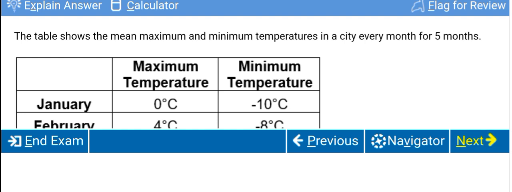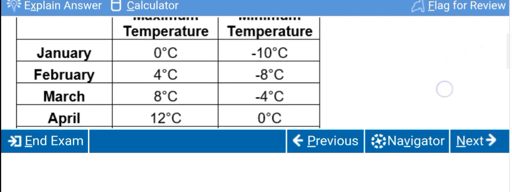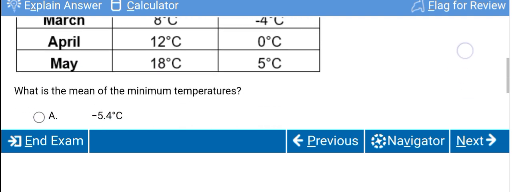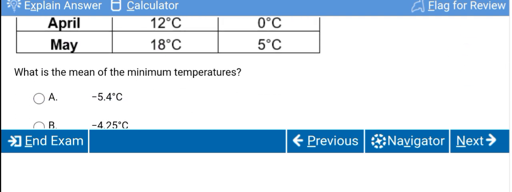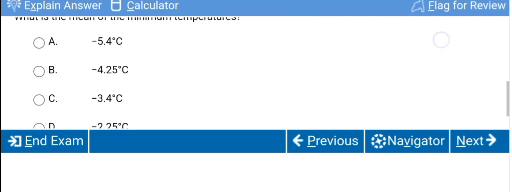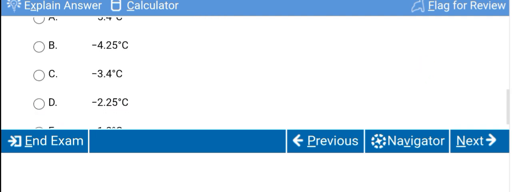Now we have the same statement with the same table. Here you can see, in this they ask what is the mean of the minimum temperatures. Option A, minus 5.4 degrees centigrade. Option B, minus 4.25 degrees centigrade.